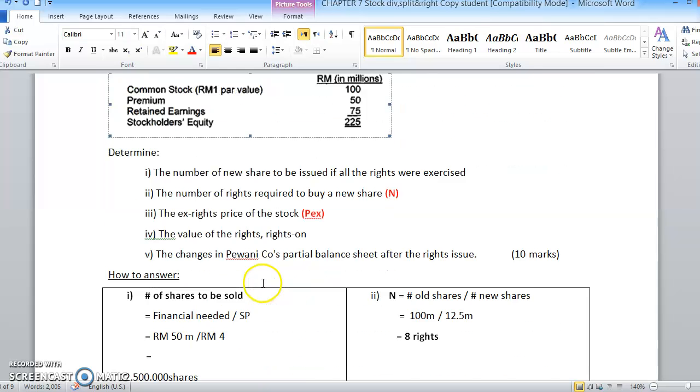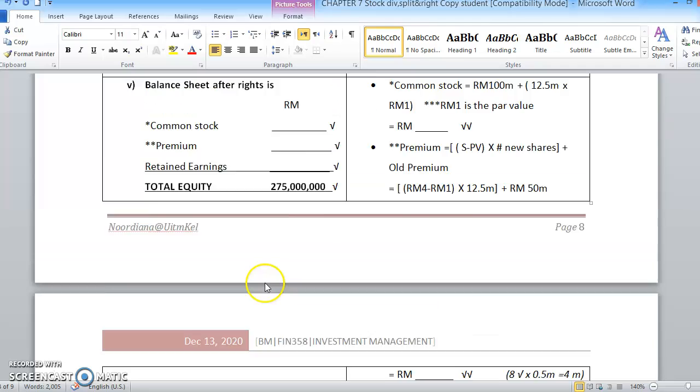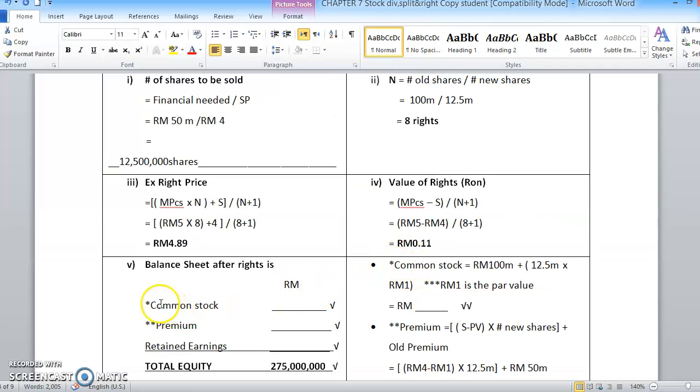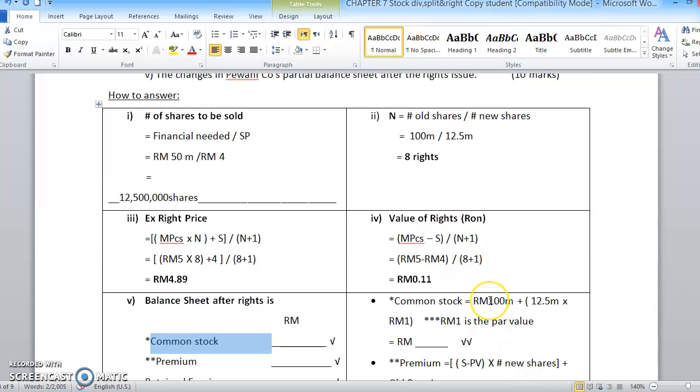Okay, saya tunjukkan. Pertama sekali, calculate the total new book value dekat sini, iaitu common stock dulu. Total book value common stocknya berapa? So, kita kena ambil jumlah share yang lama tambah dengan jumlah share yang baru dan darab dengan RM1 par value.